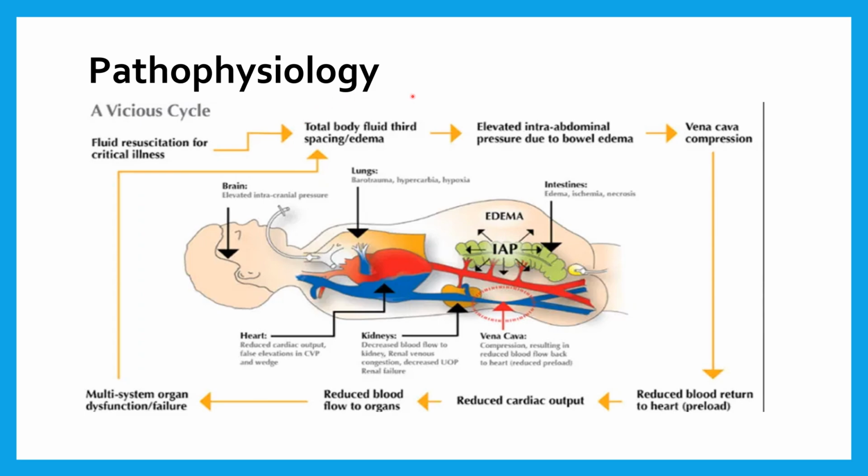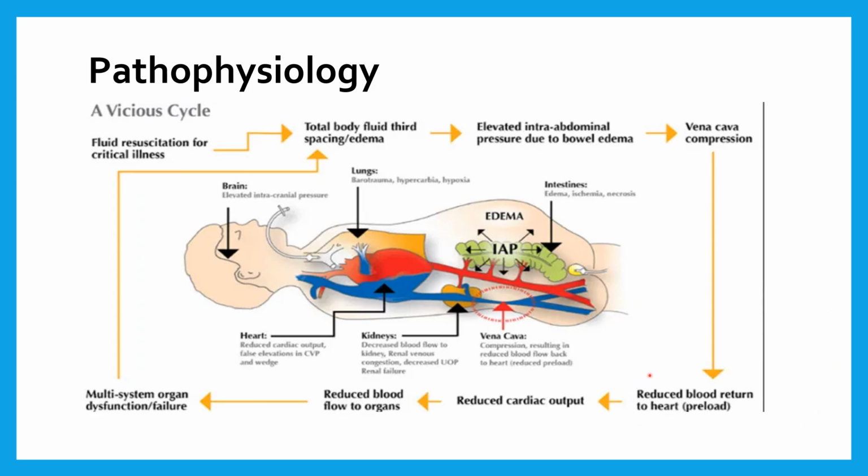We now have total body fluid third spacing, with edema of the wall, edema of the viscera, and accumulating ascites. So we will have elevated intra-abdominal pressure. Then we'll have vena cava compression due to increased pressure on the wall of the vein.